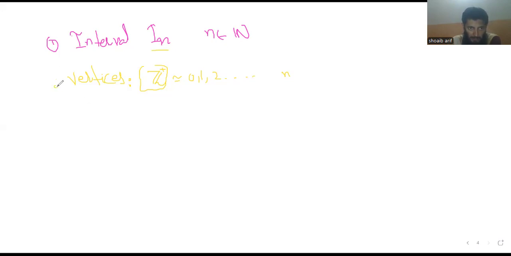And what type of edge set? The edge set is the pairs i to i plus 1, where i is equal to 0, 1, 2, and so on to n minus 1.